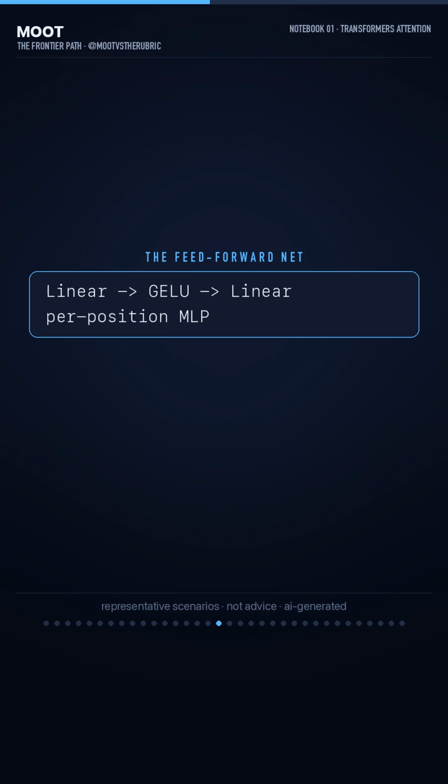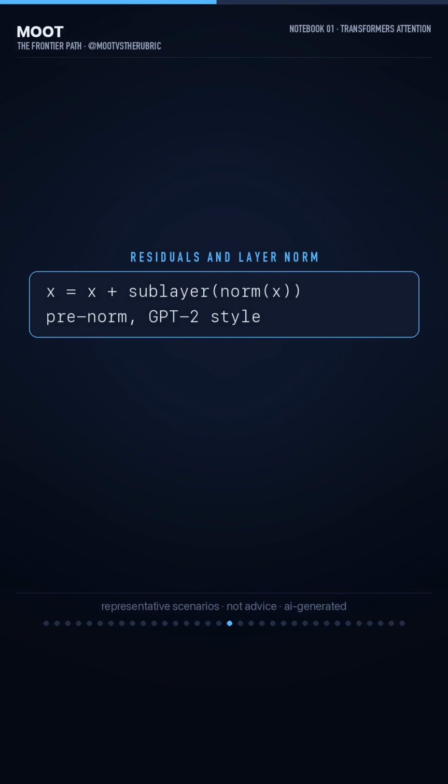One useful mental model from interpretability work is that these feed-forward layers act like a memory that stores factual knowledge, while attention does the routing. The notebook uses GELU rather than ReLU because its gradients are smooth right around zero, which trains a little more gracefully. Now we assemble a full block, and two ingredients hold it together: residual connections and layer normalization.